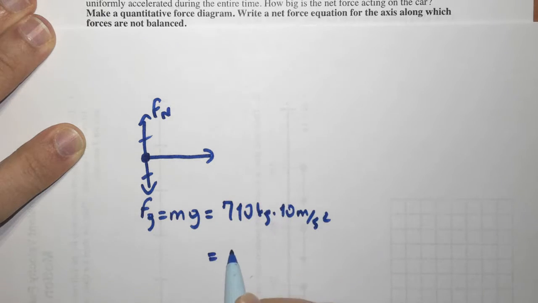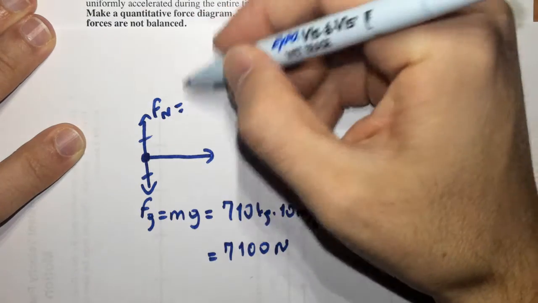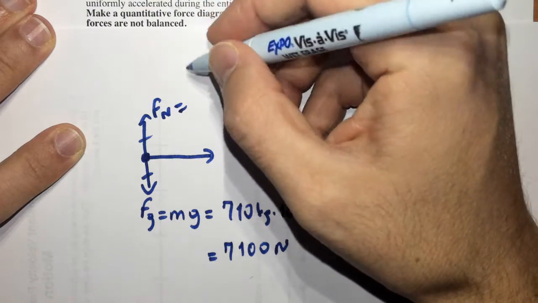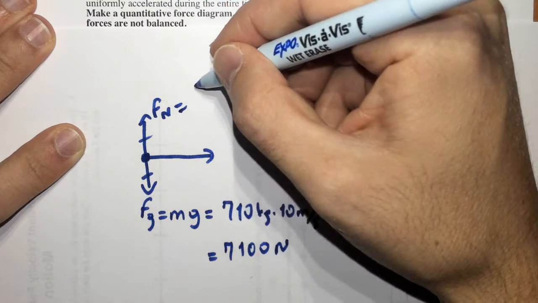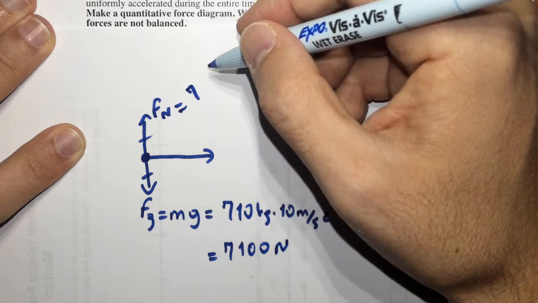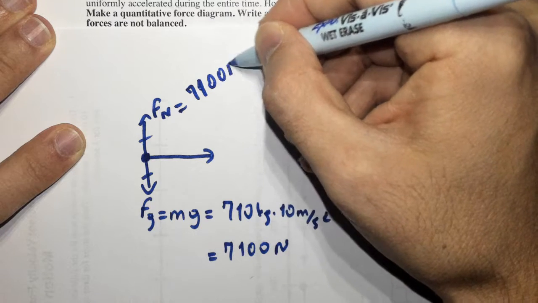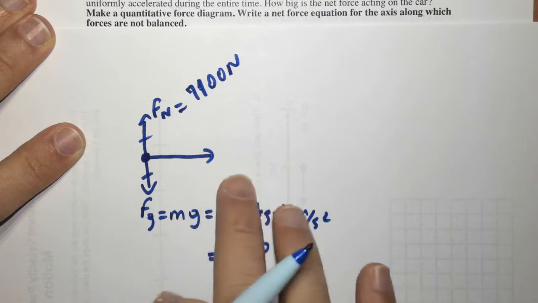From that, 7,100 Newtons is the downward force, and the normal force should also be 7,100 Newtons, according to Newton's third law, action-reaction pairs.